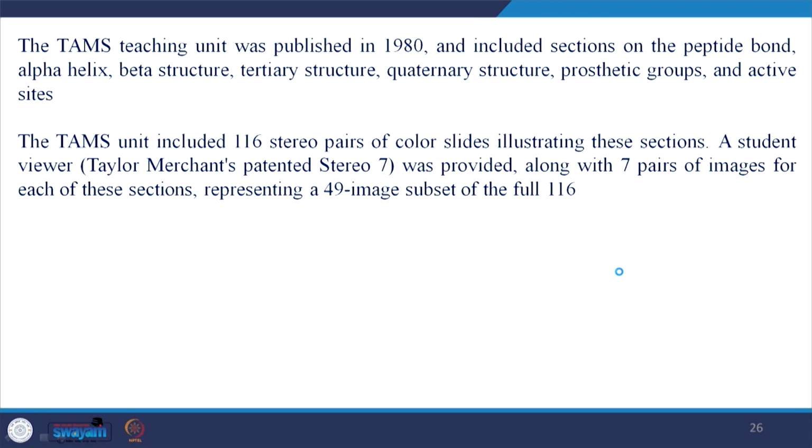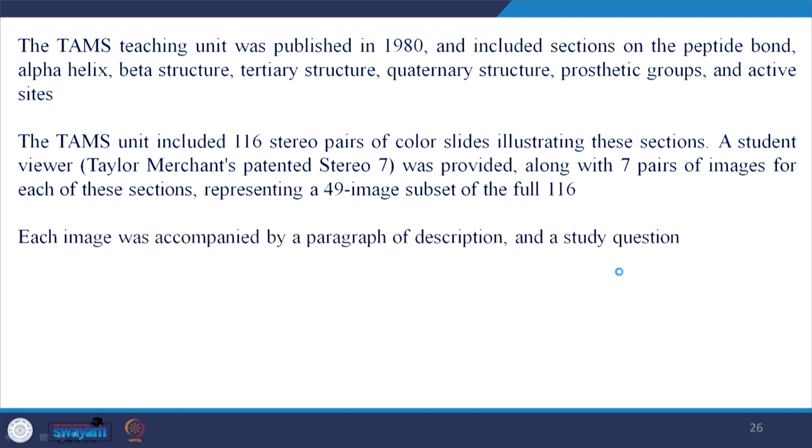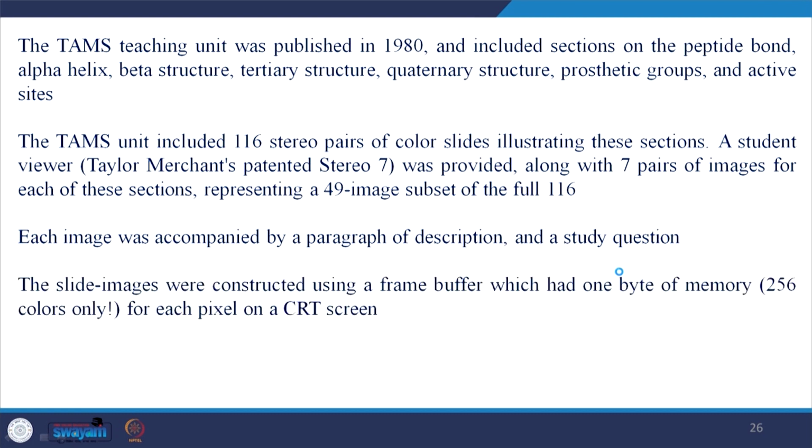A student viewer, the Taylor-Merchant patented Stereo 7, was provided along with 7 pairs of images for each of these sections, representing a 49-image subset of the full 116 stereo pairs. Each image was accompanied by a paragraph of description and a study question. The slide images were constructed using a frame buffer which had 1 byte of memory, 256 colors only, for each pixel on a CRT screen.